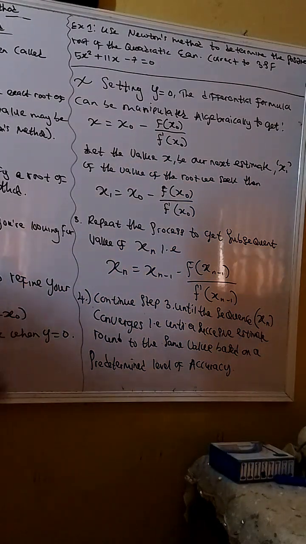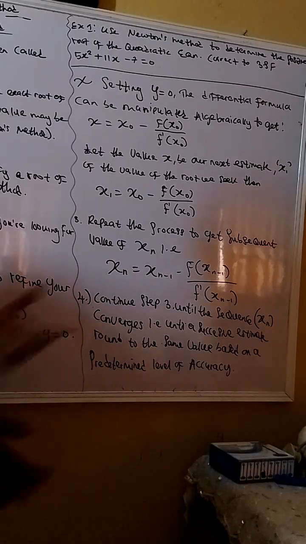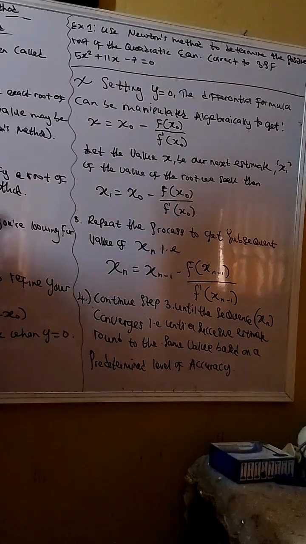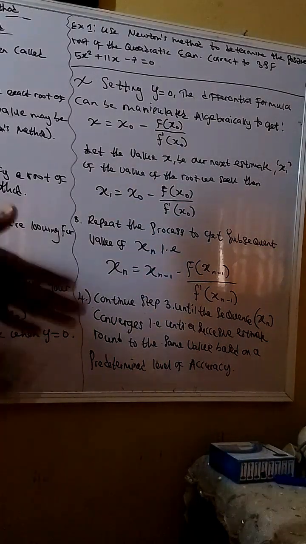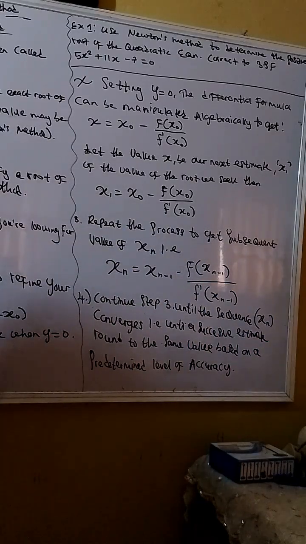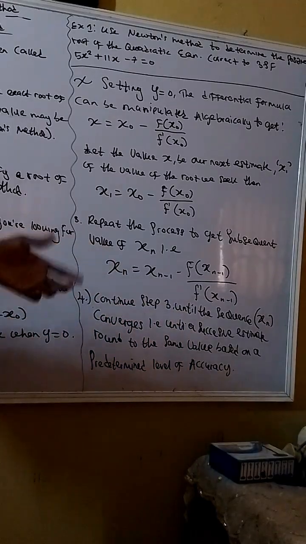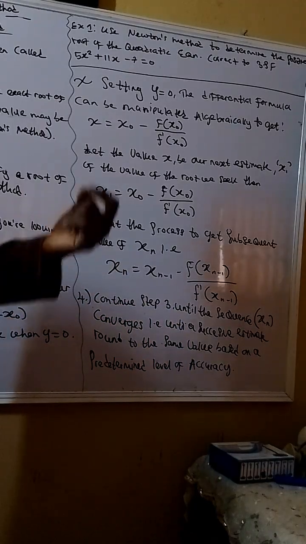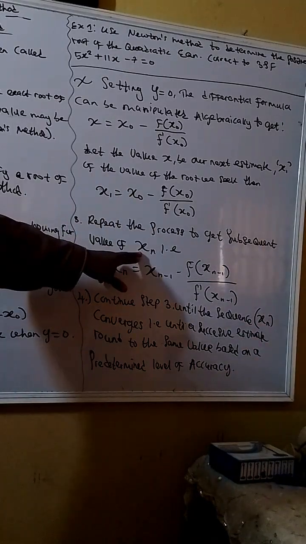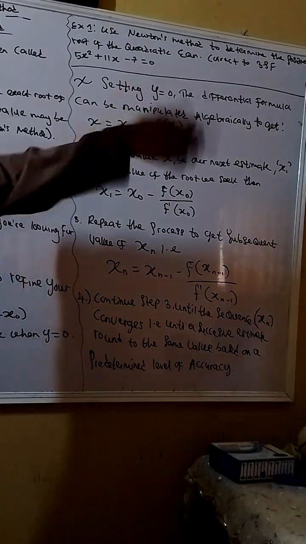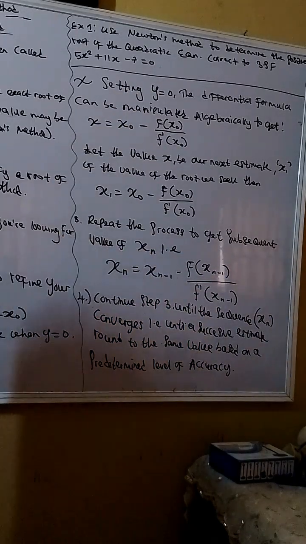To make it clearer, because we keep testing for each value, starting from x equals 0, x equals 1, x equals 2, it gives us different solutions to our problem. Then we check which one is up to scale. So you repeat the process to get subsequent values of x. We put it in a sequence, since it takes x1, x2, x3, let it be xn.